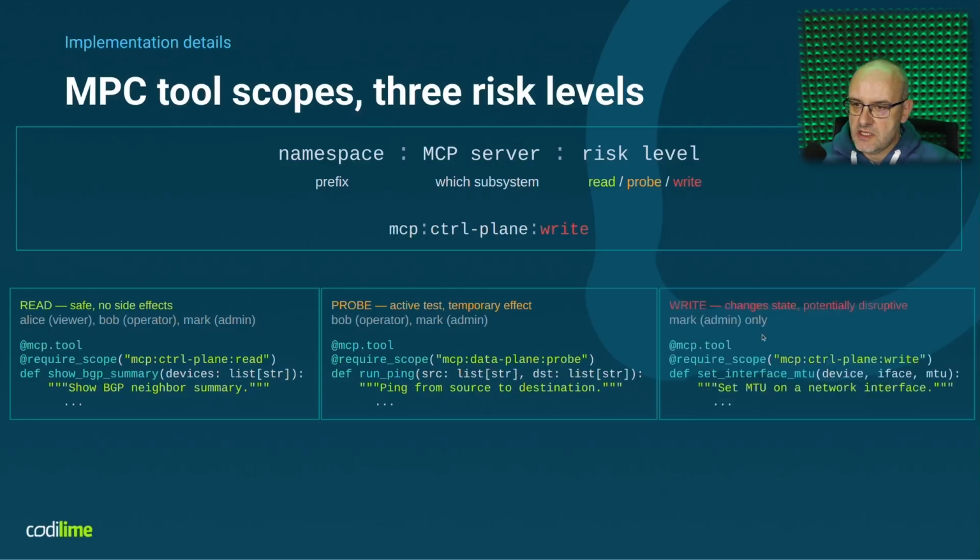And for the tools that can be potentially disruptive and can change network state, we mark them as write, and this is the example for set interface MTU in the control plane. So this is the first point we need to do when developing our MCP server.